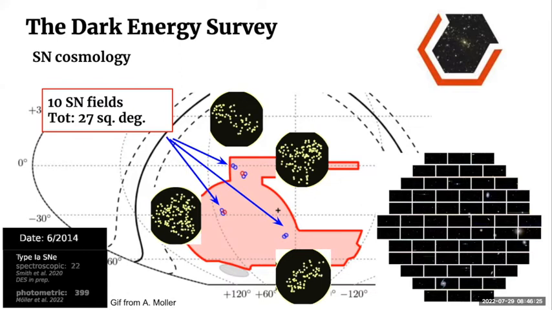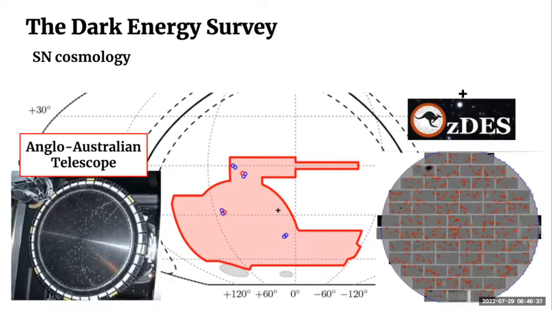And while the DES imaging survey was monitoring these supernovae 1A and measuring the light curves, the OzDES survey, next slide, was using the spectrograph on the Anglo-Australian Telescope to measure supernova spectra and supernova host redshifts, and that allowed us to get that extra spectroscopic information for these DES supernovae.